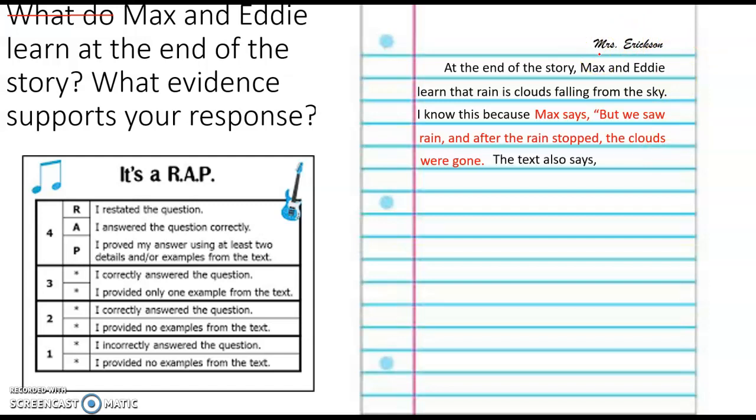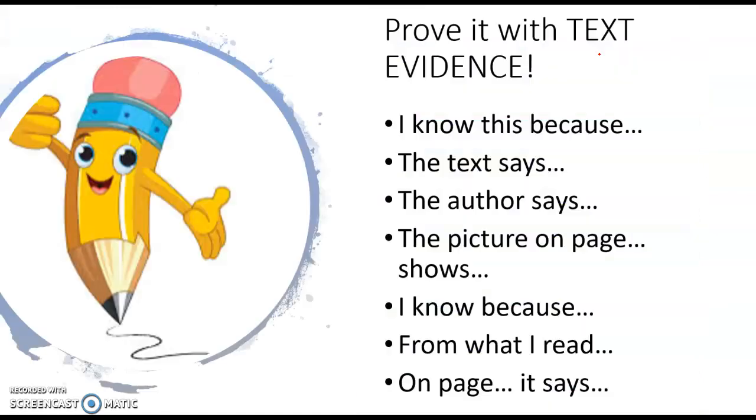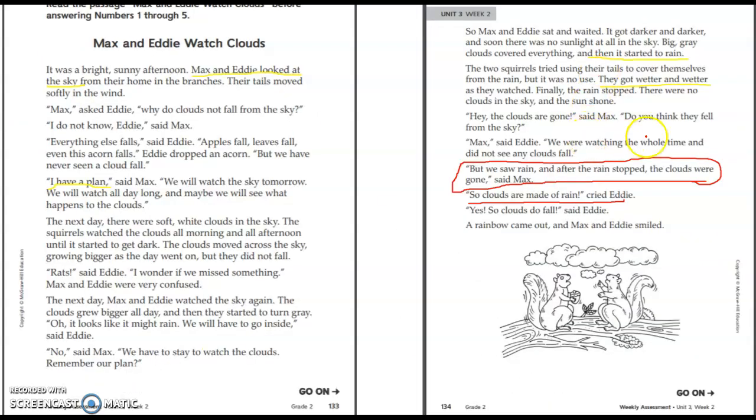My second piece of text evidence, I'm going to start with the text also says. Well, I know that Eddie said, so clouds are made of rain. Well, that shows me that they learned clouds were made of rain because it says it right there.